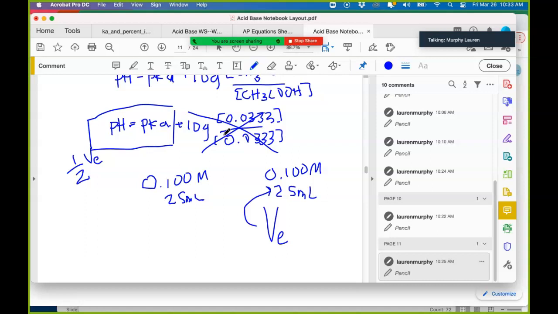Now I can still calculate it though. I haven't calculated it yet. pH equals pKa. So pH equals, remember P means the opposite of the log of Ka.